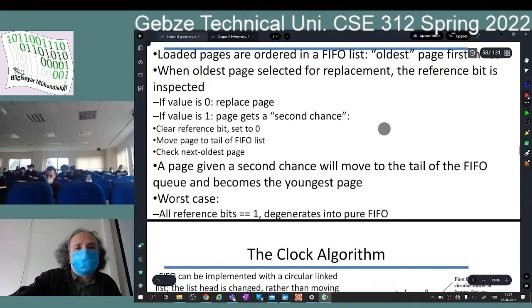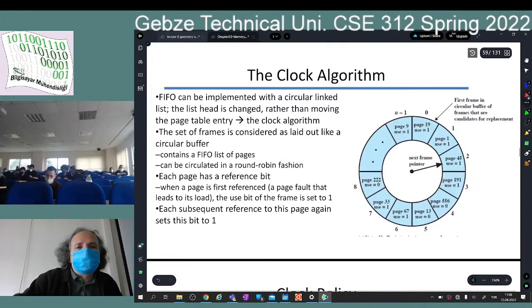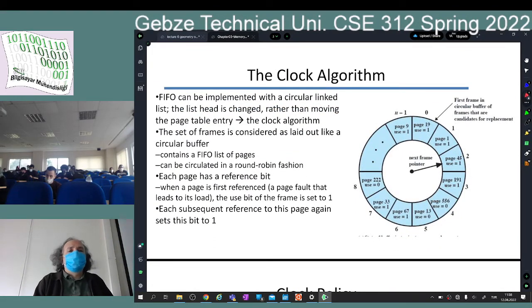Okay, so what am I going to do? I have this clock algorithm. The clock algorithm is almost the same as the second chance FIFO. It says that I will keep a linked list of pages, but it's a circular linked list.